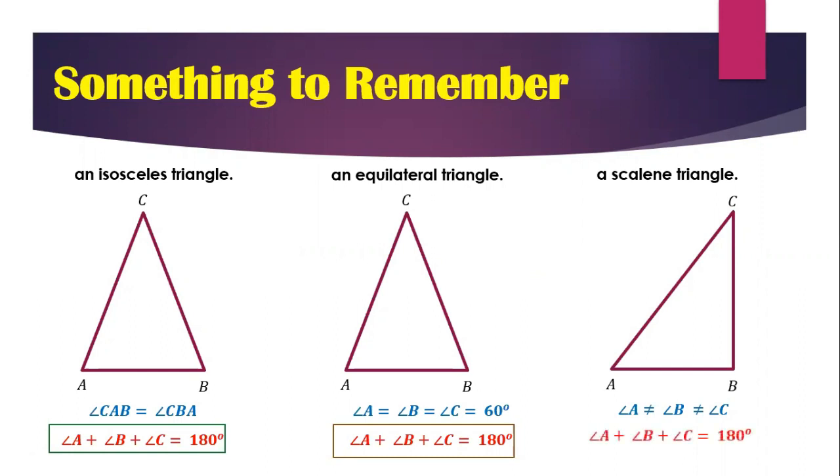Angle A plus angle B plus angle C equal 180 degrees. Clear? So generally, the first thing to remember for all the triangles is that the sum of all the angles equal 180 degrees. The total number of angles is 180 degrees. Very easy to remember.